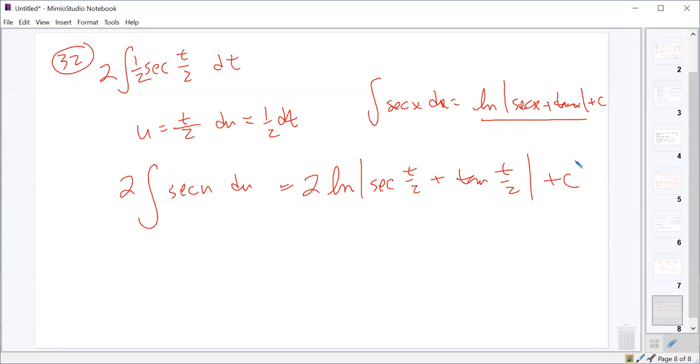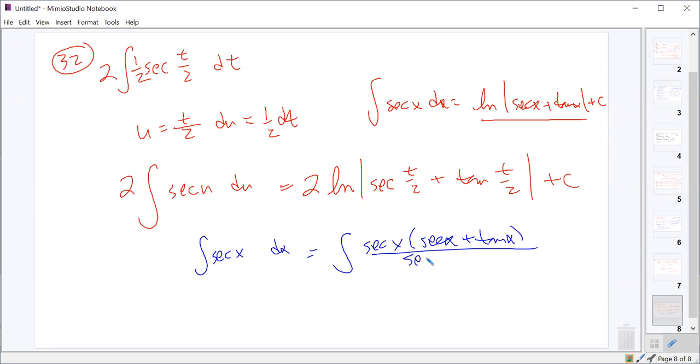And it's actually a pretty cool little trick to find this integral, just for fun. So you don't need to memorize that or know it, but just for fun. If you have the integral of secant x dx, you can turn that into the integral of secant x times secant x plus tangent x over secant x plus tangent x, same thing.